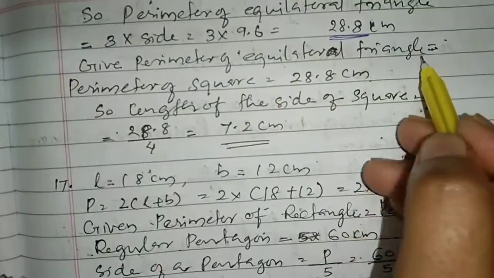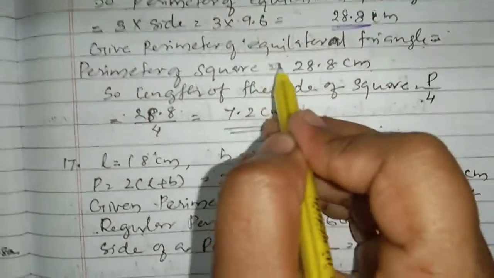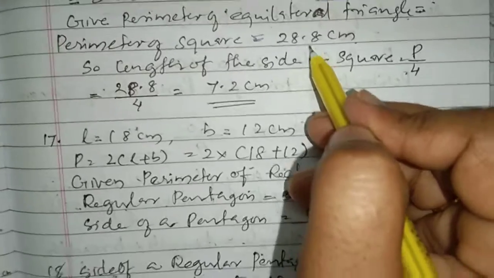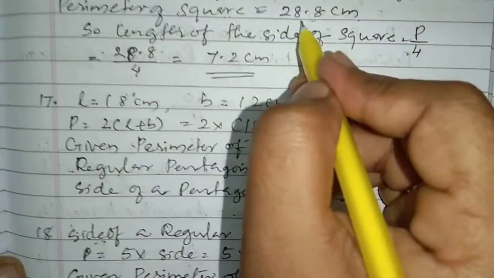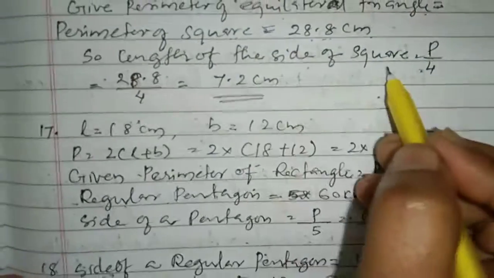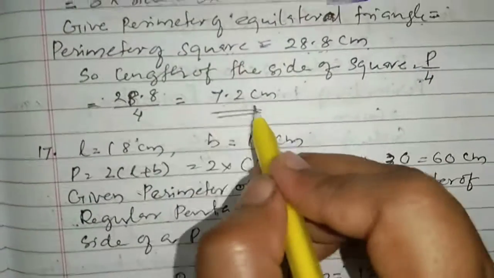But the given clue in the question is that the perimeter of the equilateral triangle equals the perimeter of the square. So we can take this 28.8 as the perimeter of the square. From this we can find the length of the square side, perimeter by 4. You will get 7.2 as the answer.